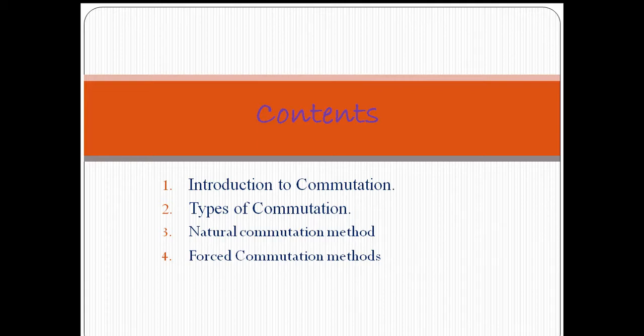In natural commutation, we have natural zero when we subject the component to AC supply. Whenever we are using AC circuits, we use the natural commutation method. We are going to discuss how we turn off the device with the availability of AC supply. The second one is forced commutation techniques.